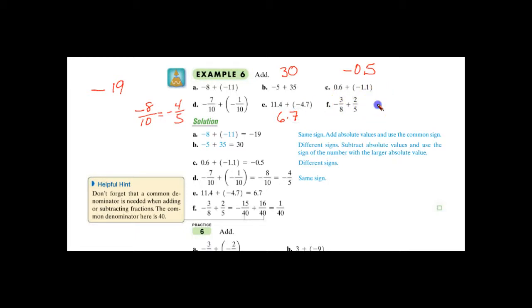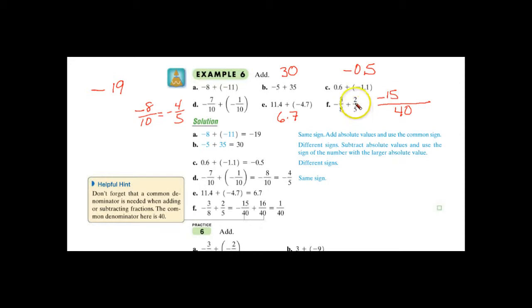Now for this one, we have to use our little system here. What's our common denominator? Remember, we can always go with a 40, just multiplying these two together. Now we have to get equivalent fractions, so 8 times what is 45, so a negative 15.